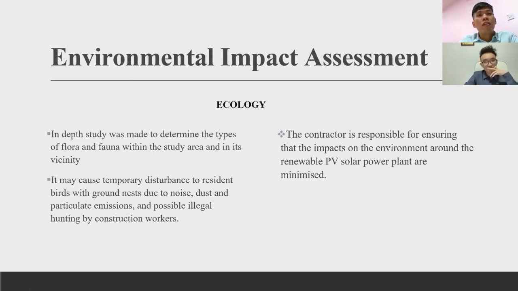It may cause a temporary disturbance to residents, birds and ground nests due to noise, dust, and particulate emission, and possible illegal hunting by construction workers. To solve it, the contractor is responsible for ensuring that the impact on the environment around the renewable PV solar power is minimized.